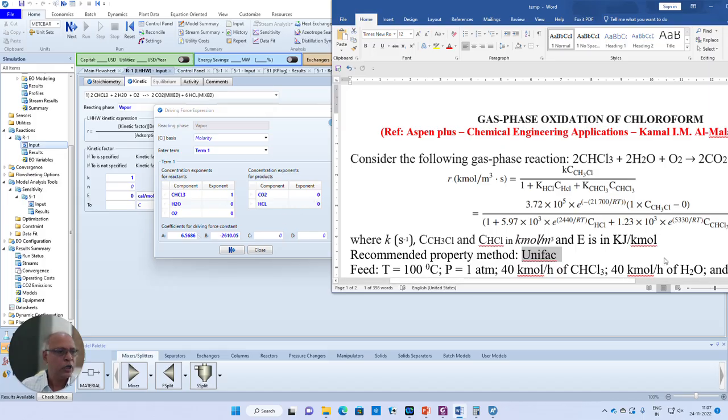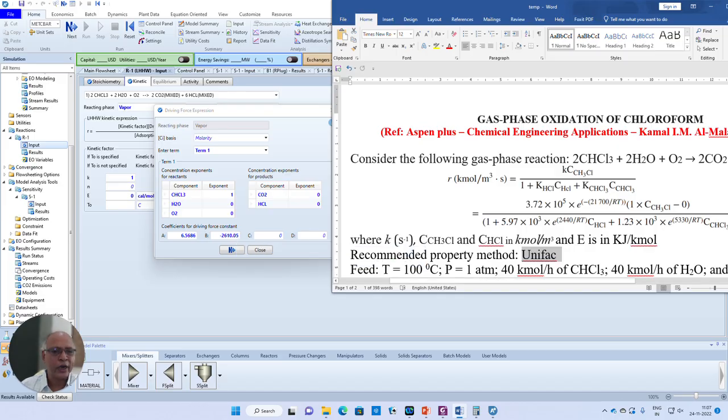So write these values. 6.5686 is nothing but the logarithm of 3.72 into 10 power 5. That is the value. And similarly, this has to be B by T. So minus 21,700 by R is equal to minus 10. That's how I entered this information.